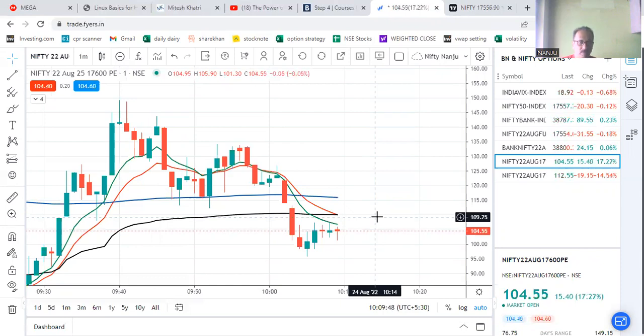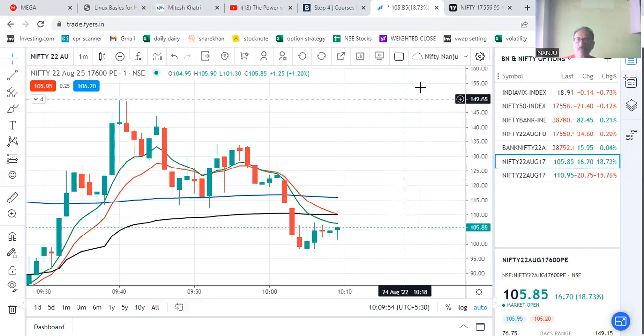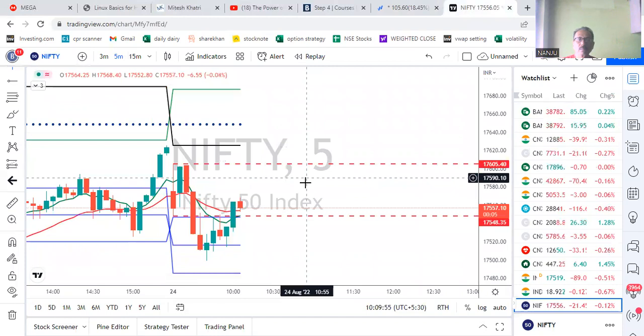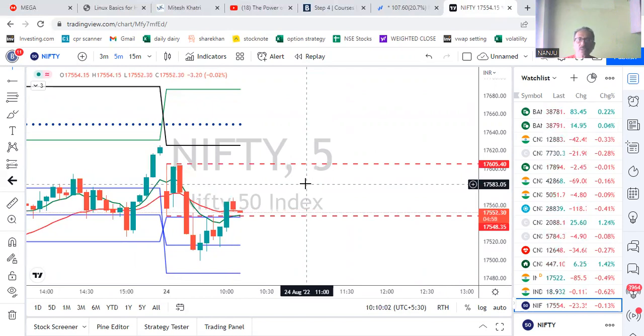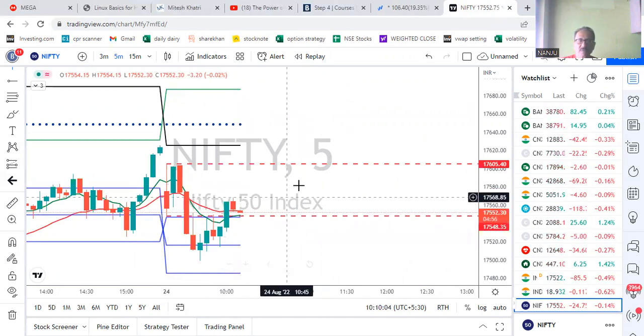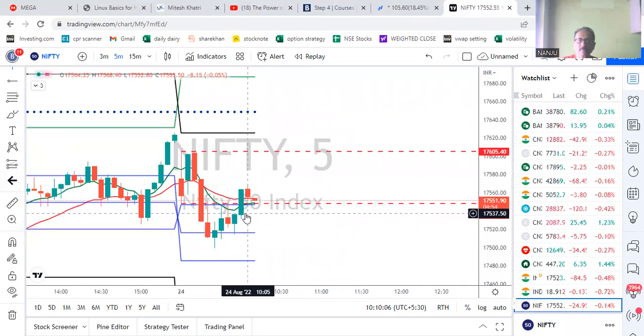I have taken a 1 minute time frame on the option chart. Please hold on a moment. Yes, this is a perfect candle at 10:05.